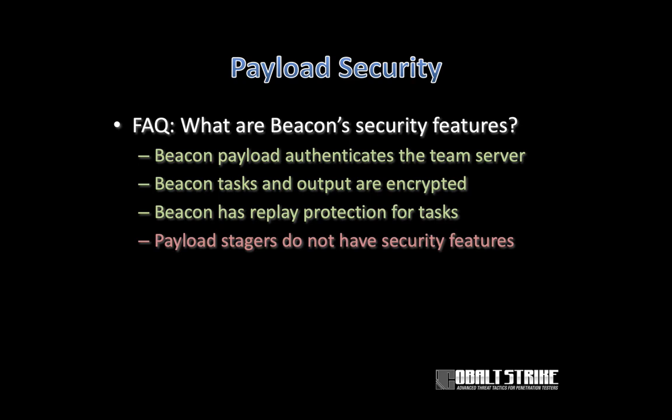When the Beacon payload calls home to the Cobalt Strike team server, it does authenticate its team server. The Beacon tasks and output are encrypted, and Beacon does have replay protection for its tasks. These things apply to the Beacon payload regardless of channel. So the SMB, DNS, TCP, HTTP, and HTTPS Beacon are all the same. They all use the same scheme.